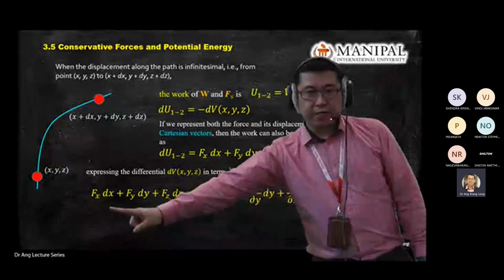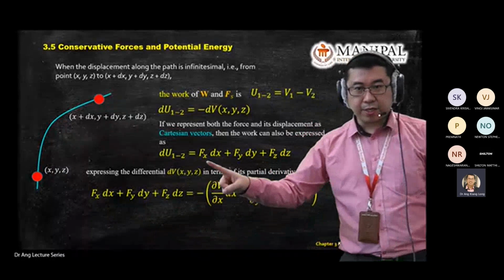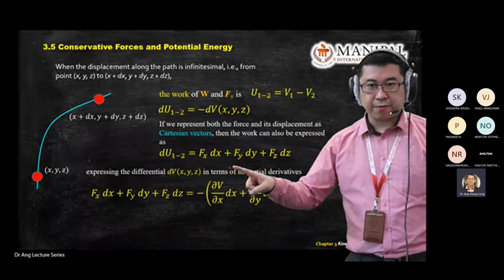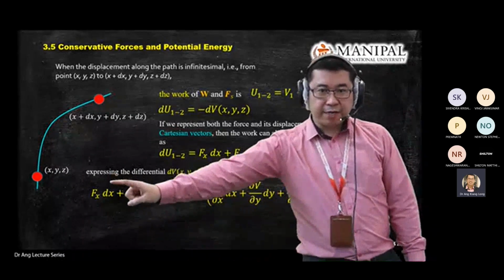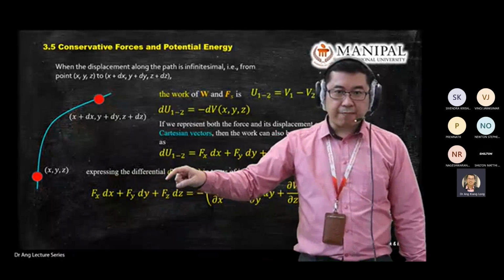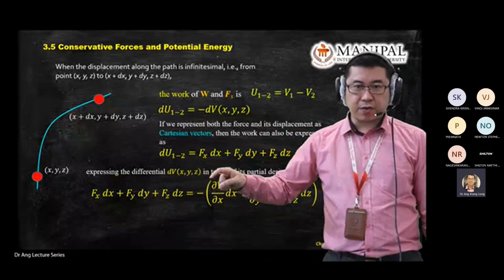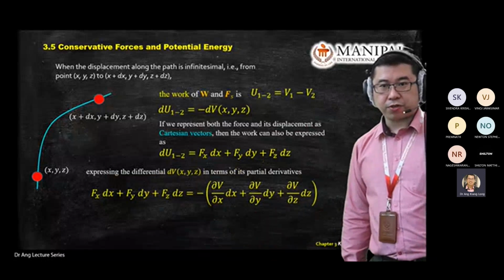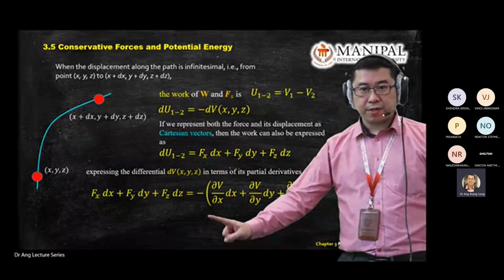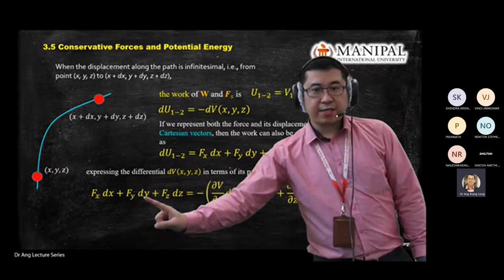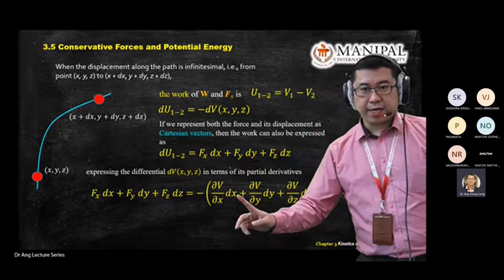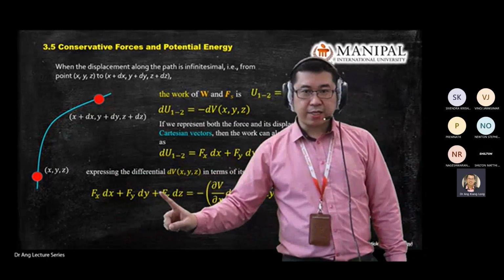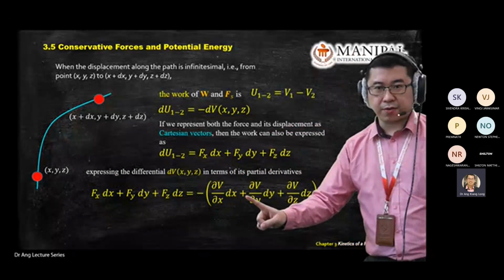So as you can see, the left-hand side here is actually the same equation we derived previously: Fx dx plus Fy dy plus Fz dz. You can rewrite it in partial differential derivatives. dx, dy, dz still remain in the equation.